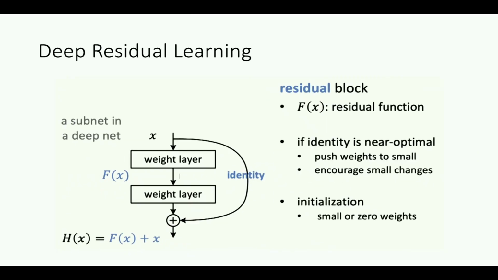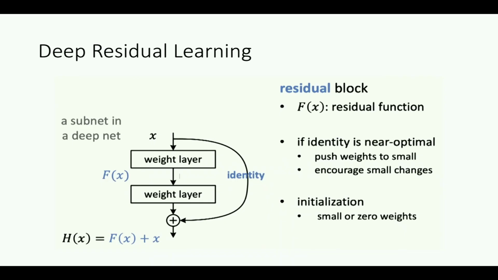Okay, so now you might be worried, like, oh, if we're doing this, are we losing something? Are we losing capacity? But effectively, it's actually not, because if the original shallower network is optimal, then the model will be able to learn to put more weight on the smaller ones and encourage almost no change from the additional part of f of x.